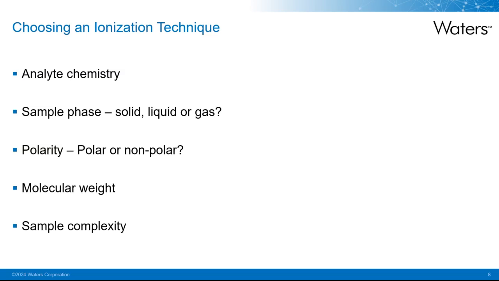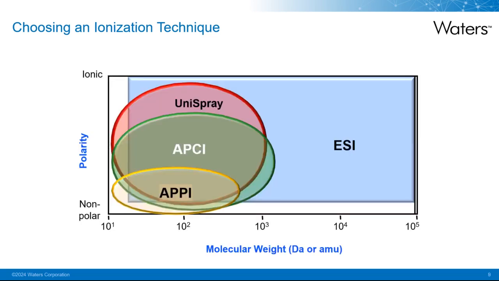And for mixtures of analytes, the complexity of a sample may also play a role in the choice of what technique you would use. The chart in front of you shows the usable mass and polarity range for the different ionization techniques that we will discuss during this session.